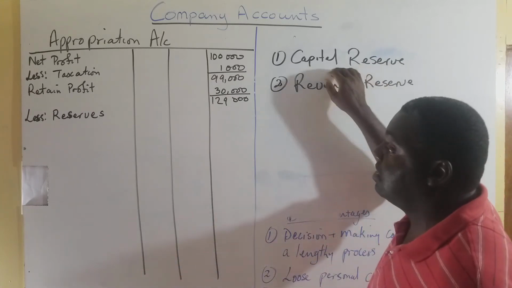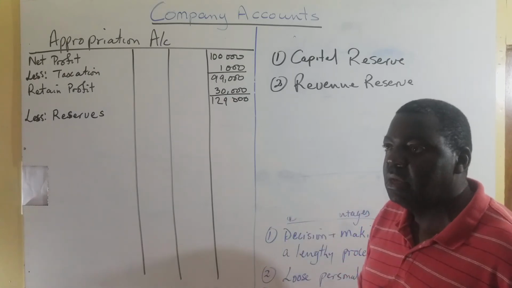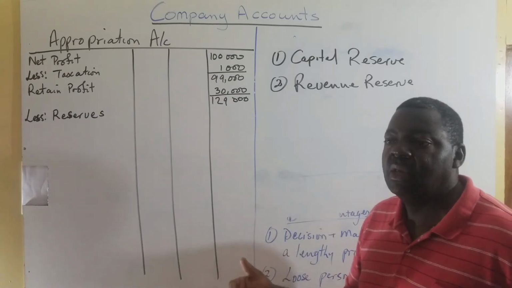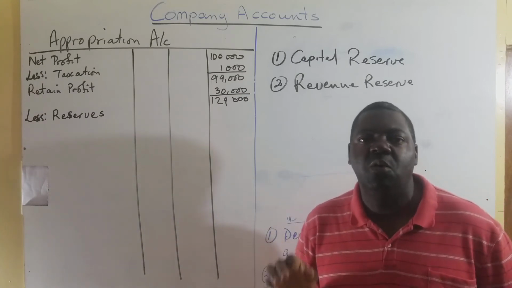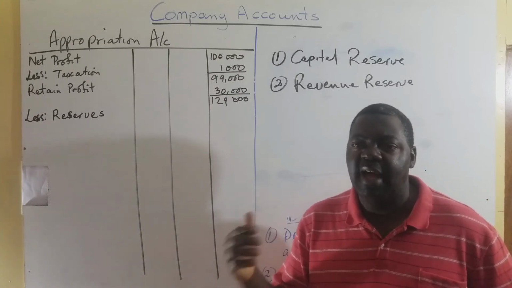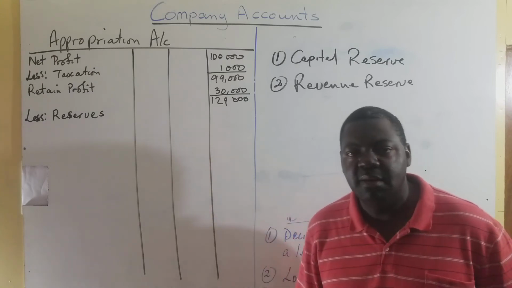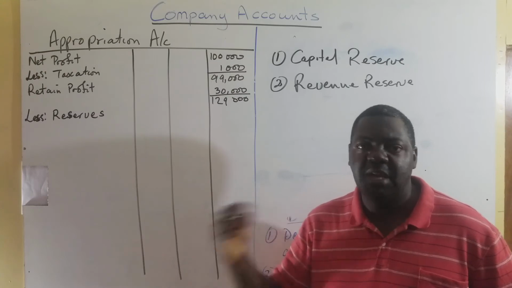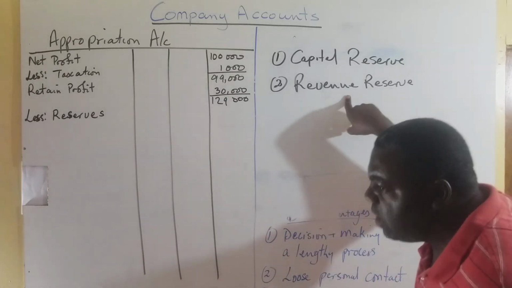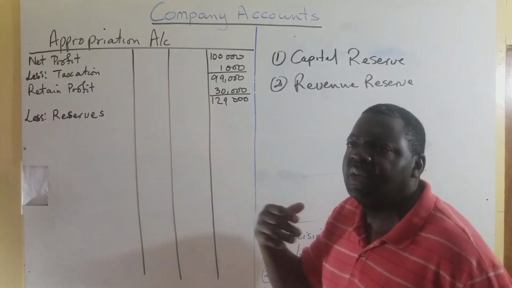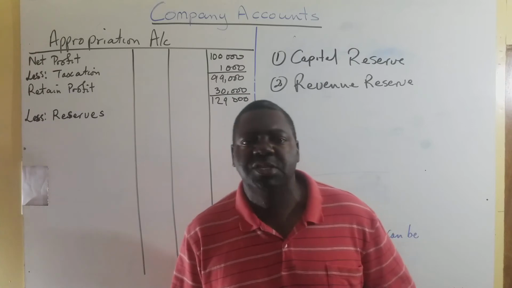So capital reserves are really where the company puts aside money, all right, for it to accumulate to be able to accomplish a particular goal in terms of fixed assets, yes? Whether it be buildings, whether it be getting new machines, etc. While revenue reserve speaks to setting aside monies maybe for expansion in the operation, right?